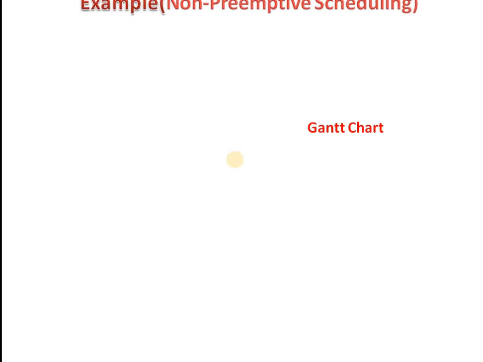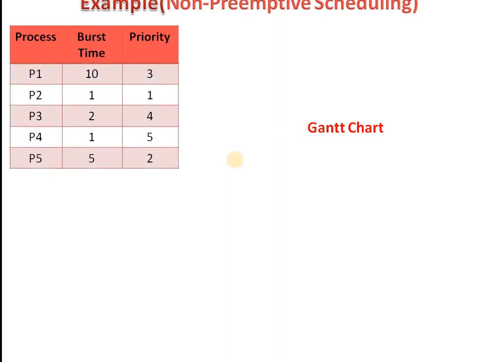Let's take the example. First, we will take the example for the non-preemptive scheduling algorithm. Here, 5 processes having their CPU time and their priorities. It's P1, P2, P3, P4 and P5 having CPU time: P1 is 10, P2 is 1, P3 is 2, P4 is 1 and P5 is 5.